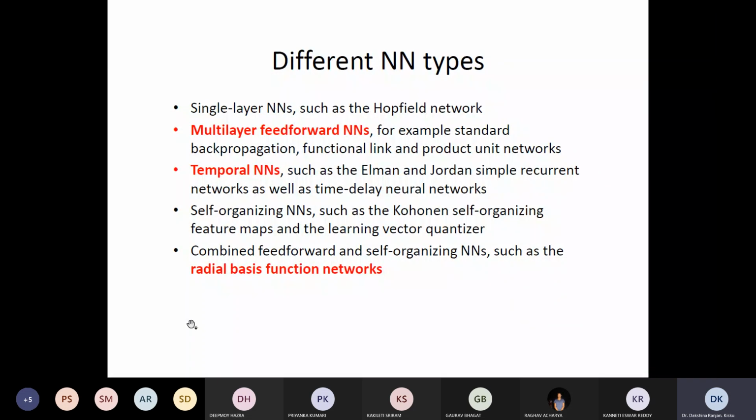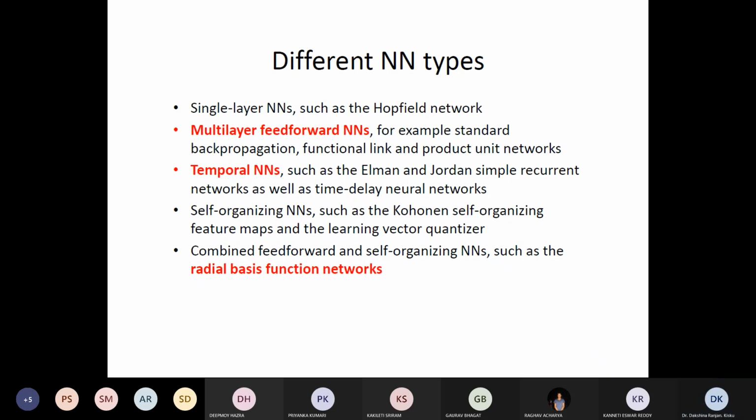When we combine the feed-forward neural network and the self-organizing neural network, we obtain the radial basis function neural network. Basically, here we combine supervised and unsupervised neural networks, and we obtain the radial basis function network. This is a kind of hybrid network where both supervised learning and unsupervised learning neural networks are combined together.